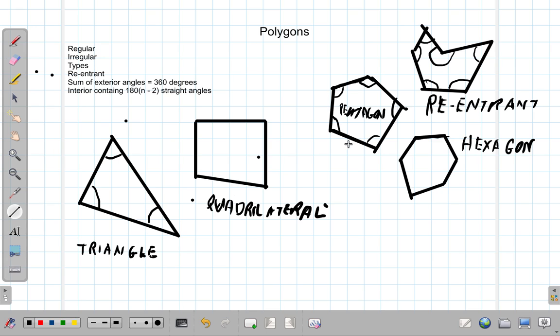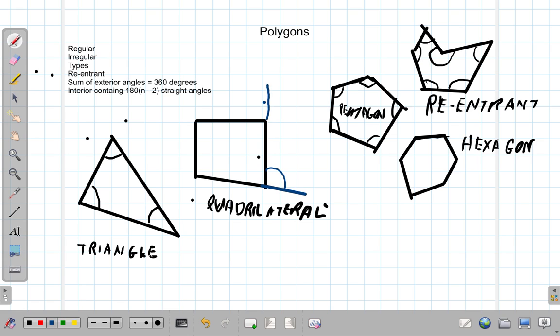Now, the sum of the exterior angles is always 360 degrees. By exterior angles, what I'm talking about is a situation where I extend this side and I form an angle outside here. That's an exterior angle.